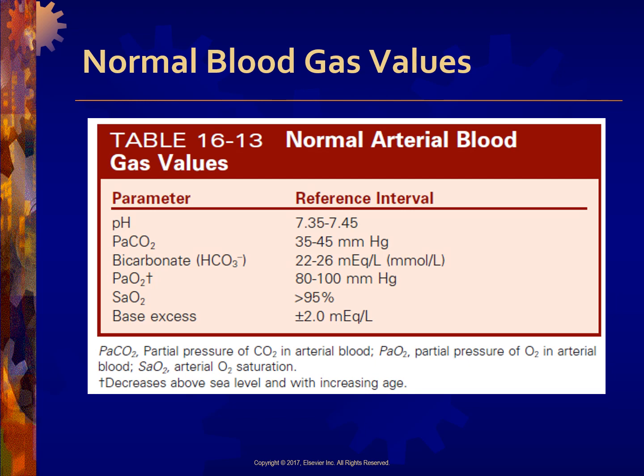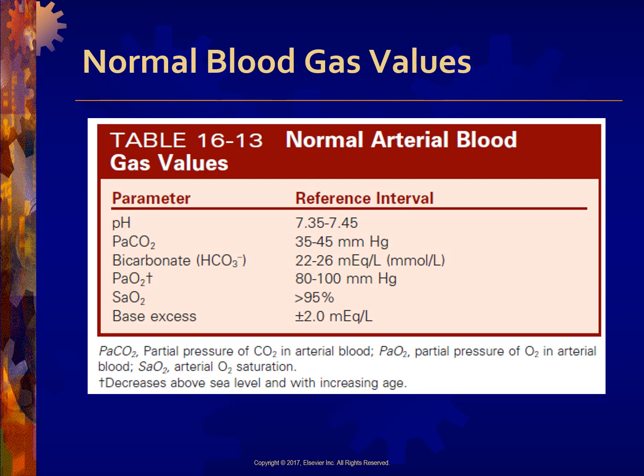So this is a picture from your book of normal blood gases. It's good to keep them on a note card and refer to them often until they become ingrained in your memory. Normal pH is 7.35 to 7.45. The good part about knowing these values is that carbon dioxide uses the same numbers, 35 to 45.